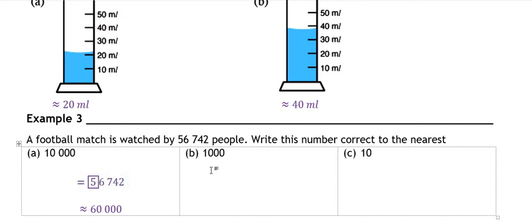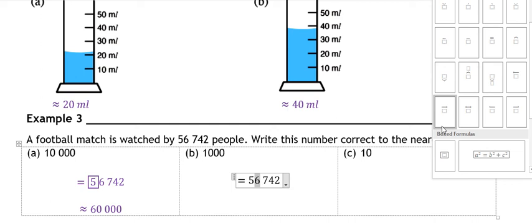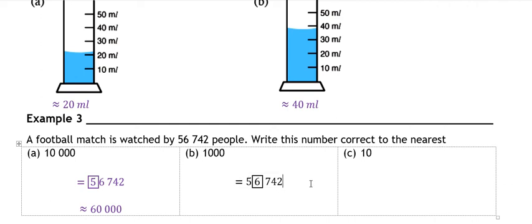Okay, let's proceed to part B. When you look at part B, it asks you to round off to the nearest 1,000. So all you can do is to write down the number back, 56,742, right? So your target is the number 6, right? So I will give it a box because I want to round off 6 instead of the number 5.